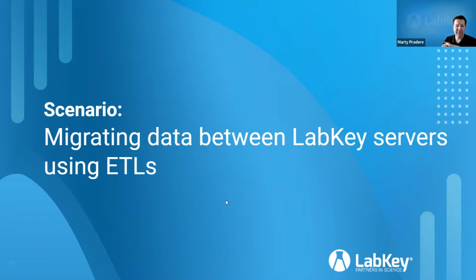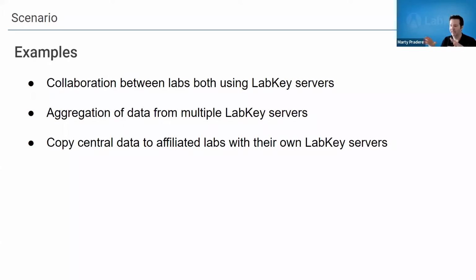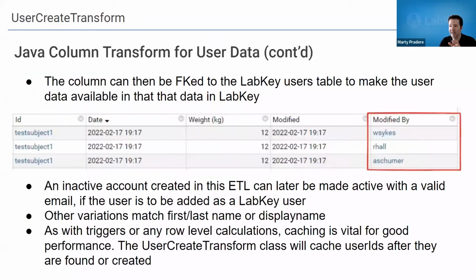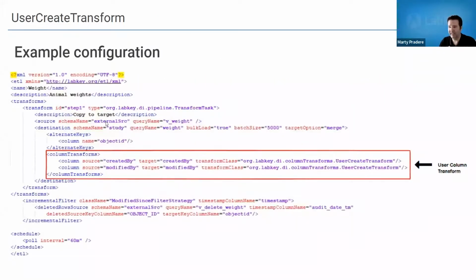So this is migrating data between two LabKey servers via an ETL. I want to make sure I'm clear about the difference here. What I've been talking about, and what the previous example was, is that we are using an external schema to an external database, talking directly to a SQL Server, Postgres, Oracle, or some other server.